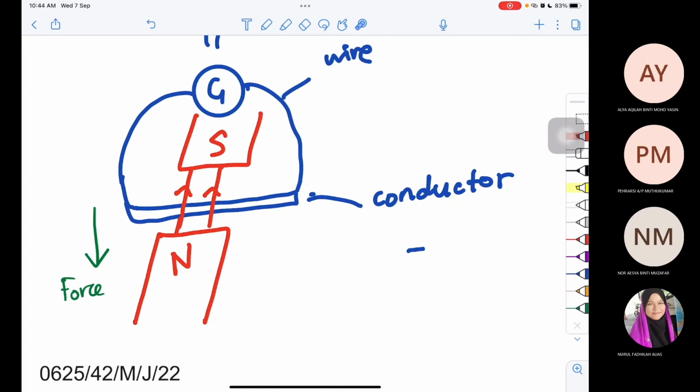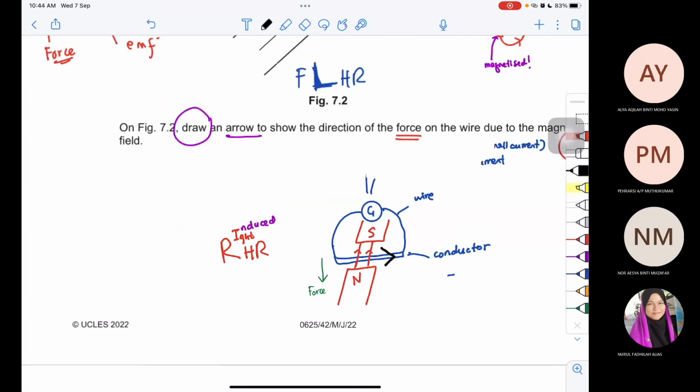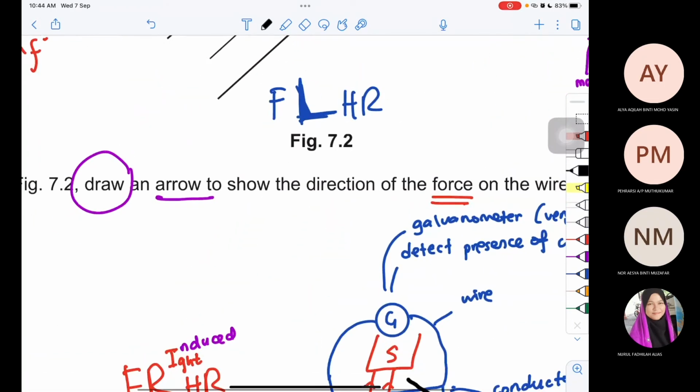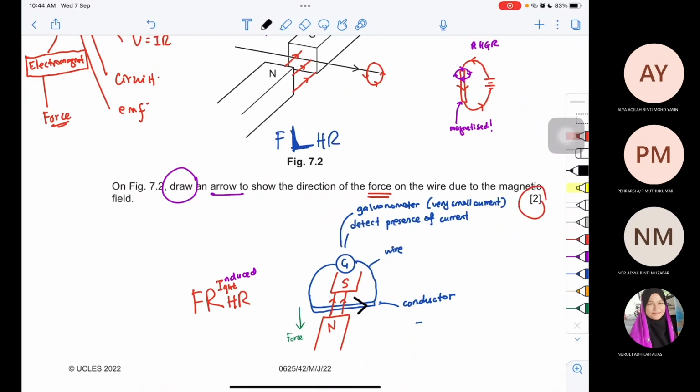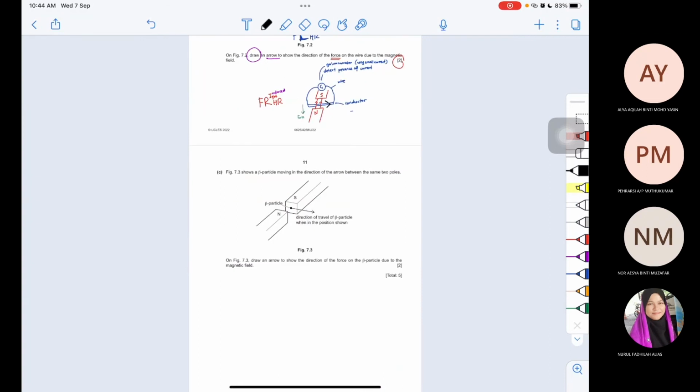So you dapat this way. Dapat tak semua orang? Dapat right. Betul? Dapat this. Okay, so that's the difference between Fleming's right hand rule dengan Fleming's left hand rule. Okay, right? Next question.